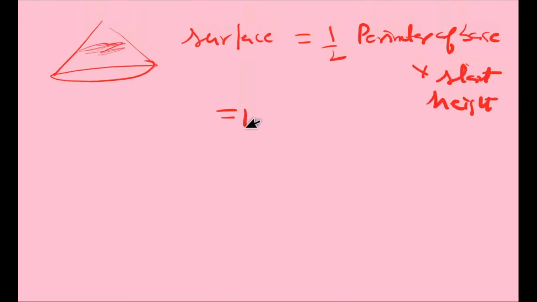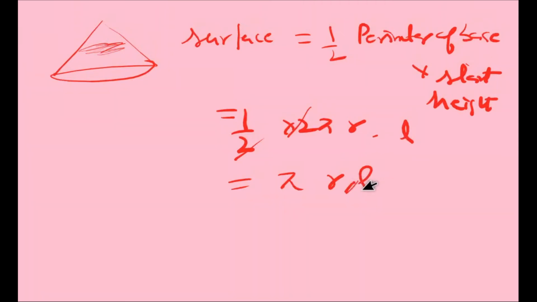So what is the perimeter of the base? That is 2 pi r, into slant height L. So the formula is pi r L. But you have to learn this formula: half into perimeter of base into slant height. Okay, so what is the formula? Pi r L, right student?